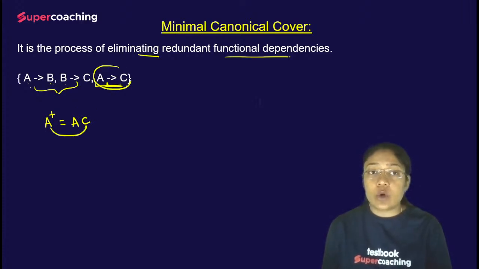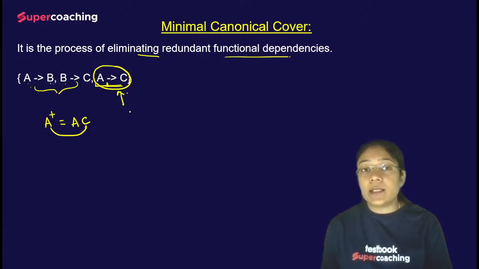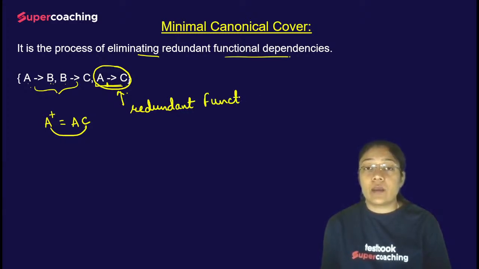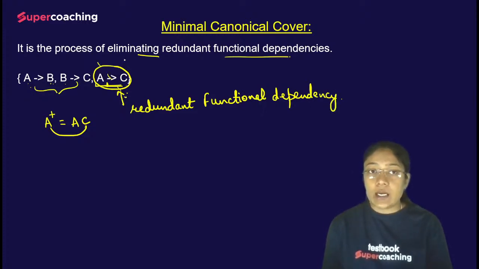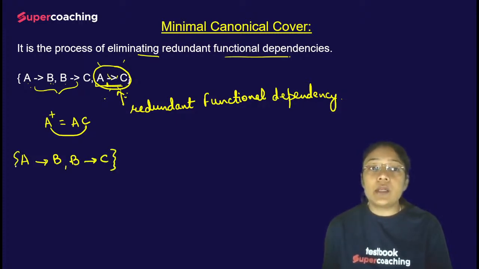If this is not included, we can still determine A determines C. So we can say that A determines C is a redundant functional dependency, so I can eliminate it. If I eliminate it, the functional dependency set we get will be A determines B and B determines C. That's it. So this is the minimal canonical cover.